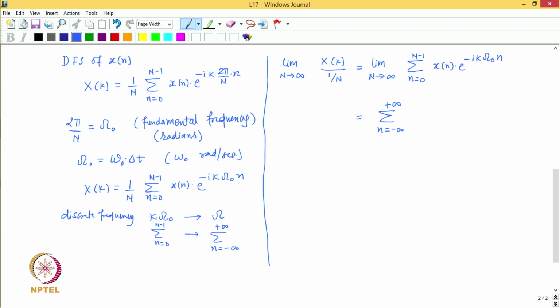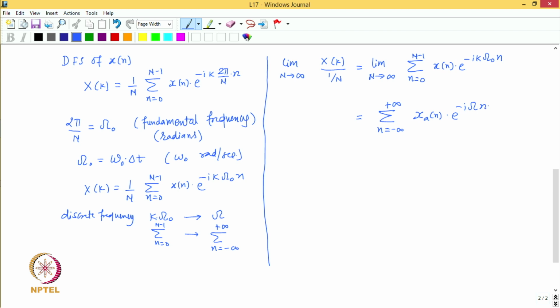And now the signal xn, when n tends to infinity, becomes the original aperiodic signal, which we can write as x a n into e to the power minus i, now k omega naught will become omega n.